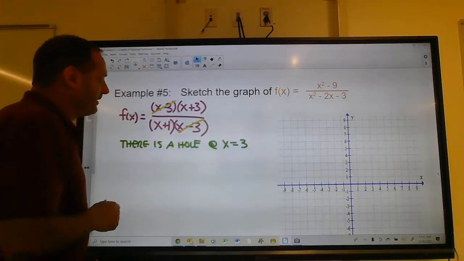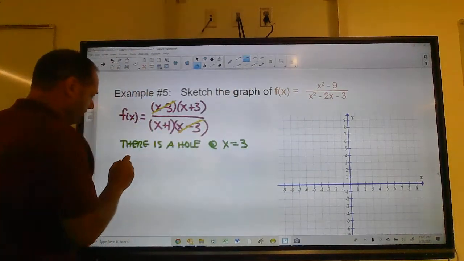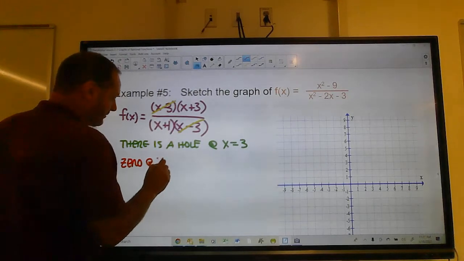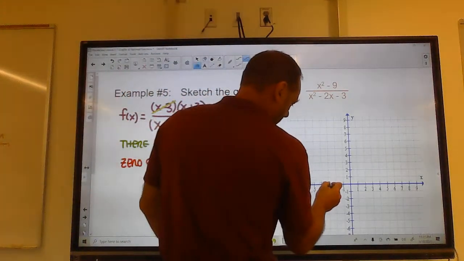Now, this is going to have a 0 at x equals negative 3 from that. So I can go put that on the graph.